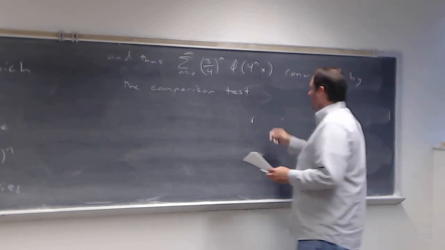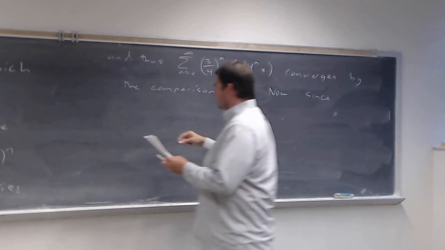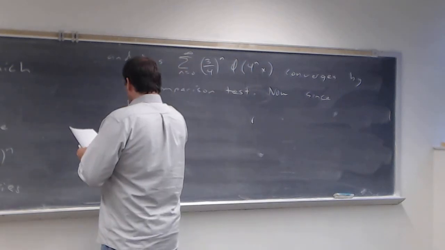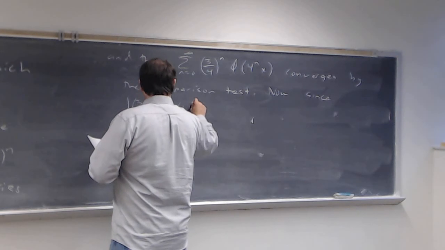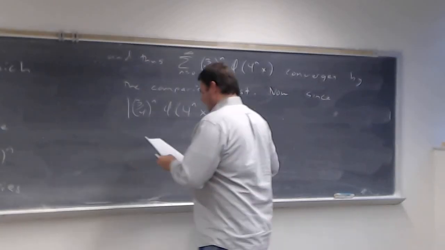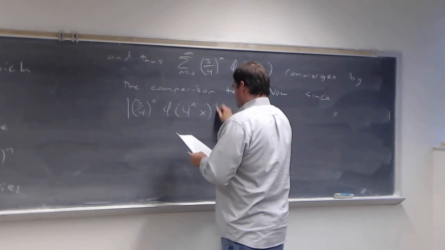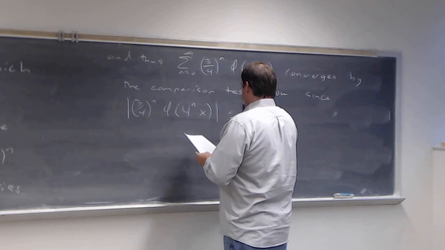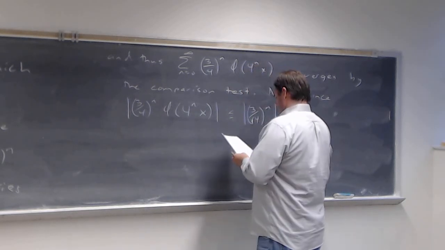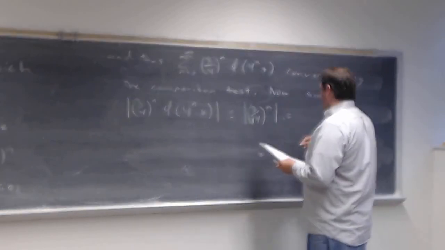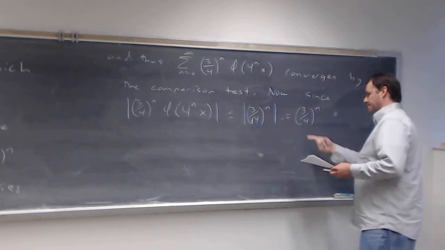Excellent. Now, since the absolute value of (3/4) to the n times phi of 4 to the n x is less than or equal to (3/4) to the n, which is equal to the absolute value of (3/4) to the n, since the value of a positive number is itself.